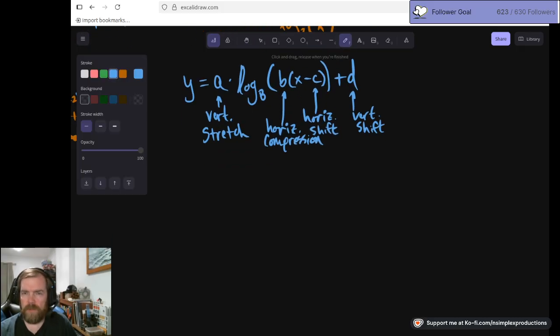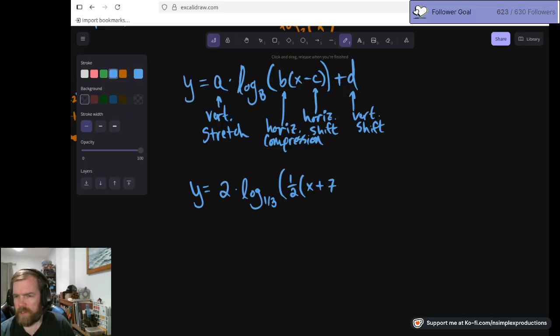So if we end up using something like y equals 2 times log base 1/3 of half x plus 7 minus 6.